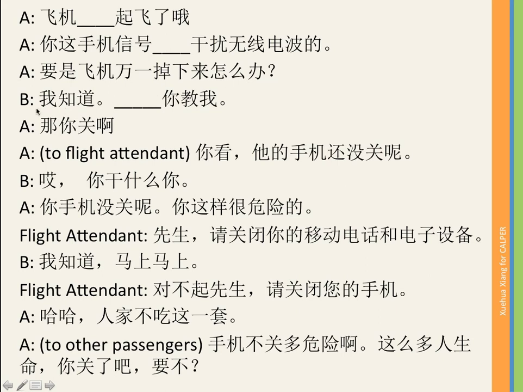Then the businessman gets impatient, he says 我知道 I know, you don't need to teach me. So what modal verb would you use here, you don't need to teach me? 那你关啊 The farmer gets insistent. Then you turn it off.